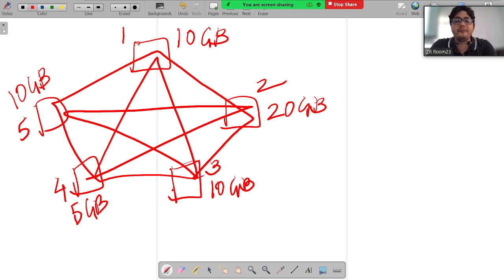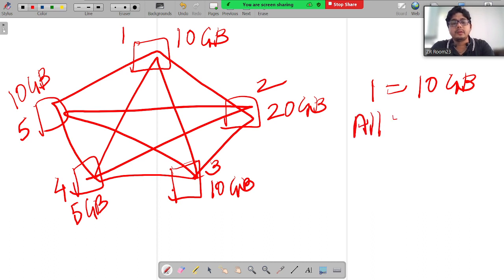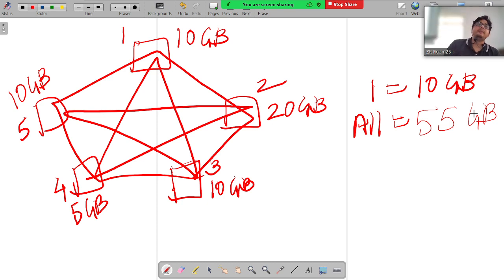But if you count just computer number 1, it is just 10 GB. If you count all computers, it is almost 55 GB. This is the power of grid. Now suppose there is a file of 40 GB that I want to store in computer 1, but it does not have that much storage space.